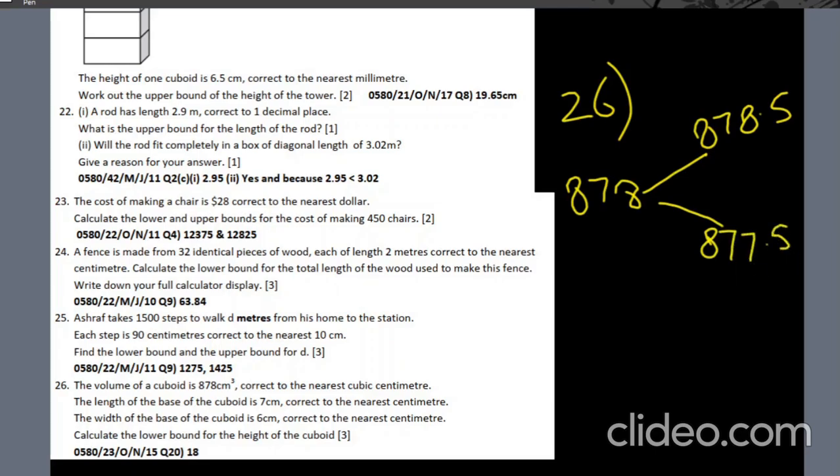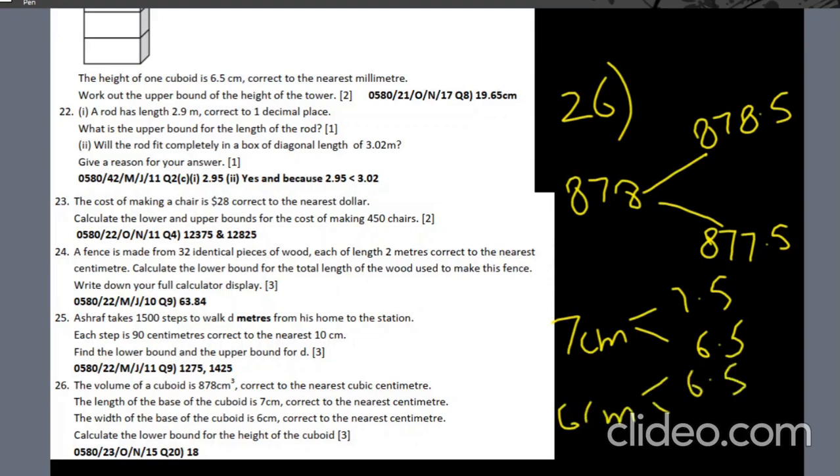Then the length of the base is 7 centimeters correct to the nearest centimeter, so again upper is 7.5, lower is 6.5. Then we have width is 6 centimeters correct to the nearest centimeter. So this becomes 6.5 and 5.5.